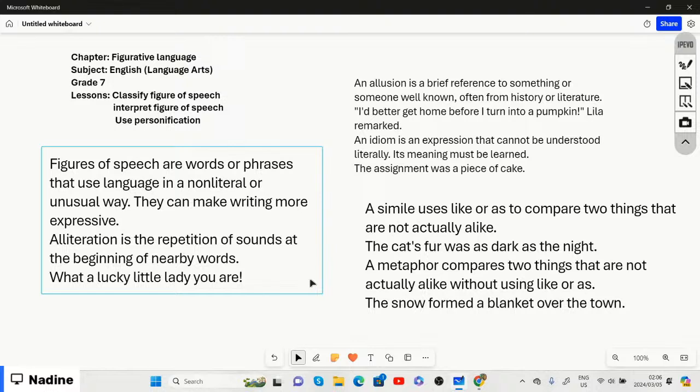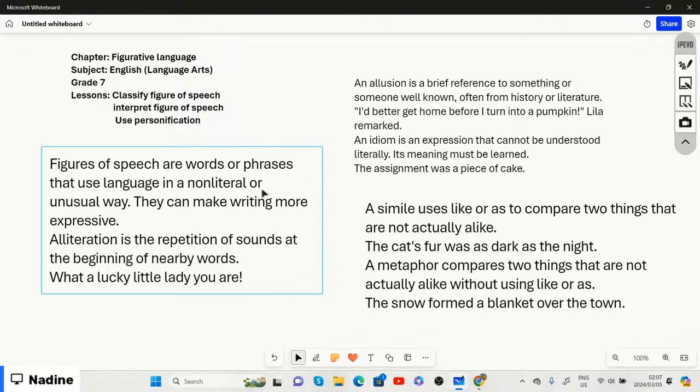So figures of speech are words or phrases that use language in a non-literal or unusual way. And when we say it is being used in a non-literal way, it means that it's almost like it's not really happening, right?